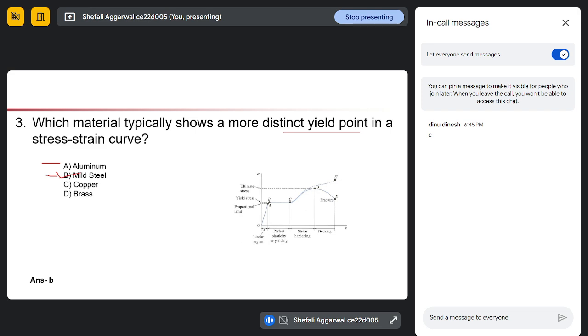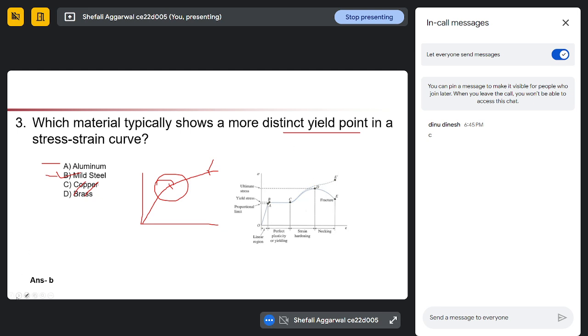That is B. So this is a typical mild steel rebar. If you remember, in aluminium we had this kind of curve. This we were calling the yield point, and this the ultimate point. In this case, this curve doesn't show any plasticity, so you cannot define which is the yield point and which is the ultimate point. You can just say the top point is the ultimate point, but you don't have a defined yield point. So out of these two options, the one with a distinct yield point is mainly mild steel.